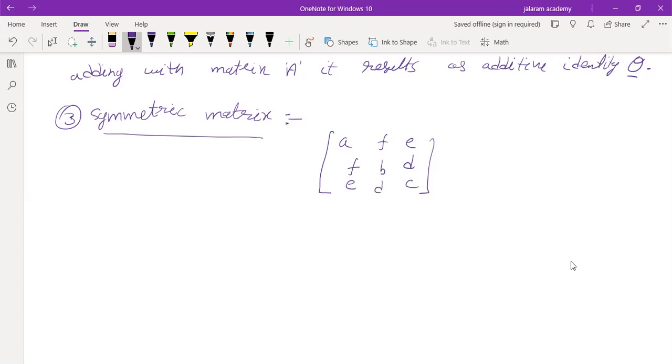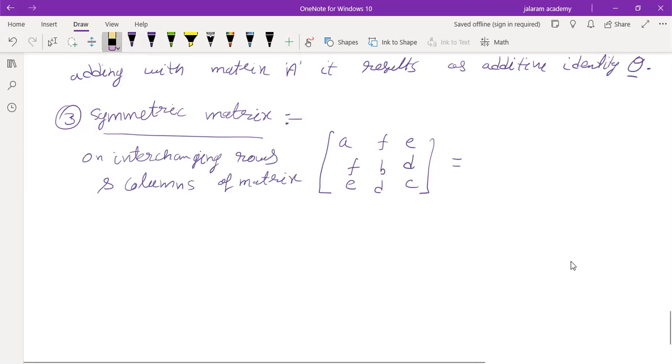So if you interchange its rows and columns, on interchanging rows and columns of matrix, what do we get? Same matrix. We get the same matrix.